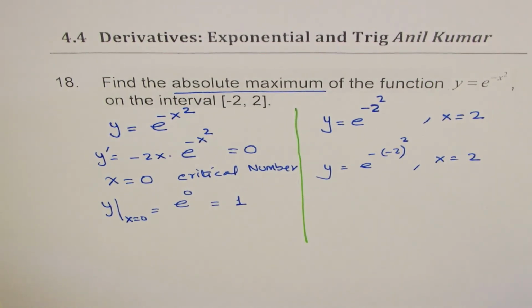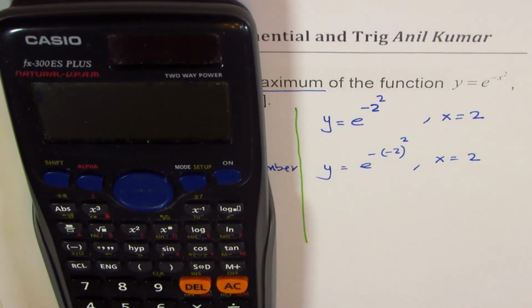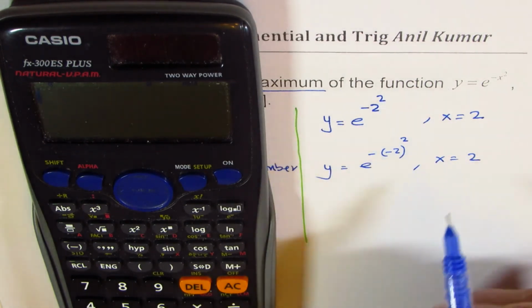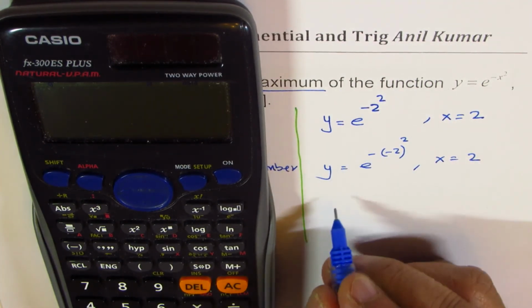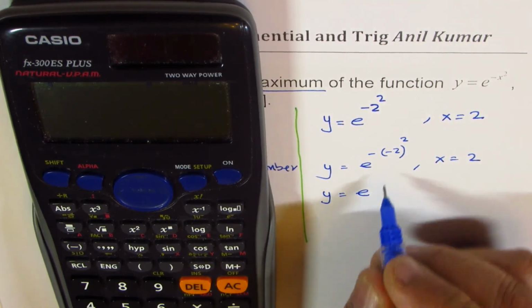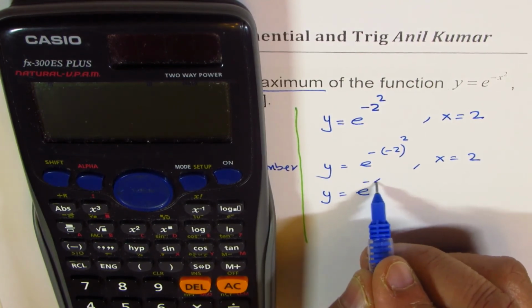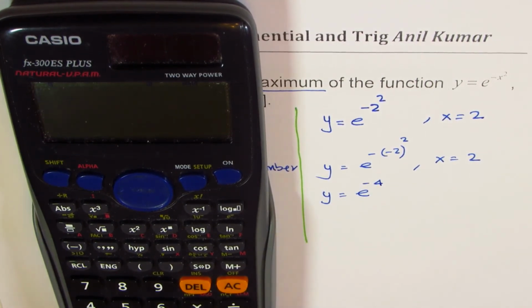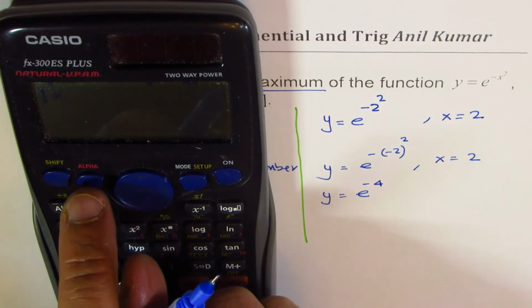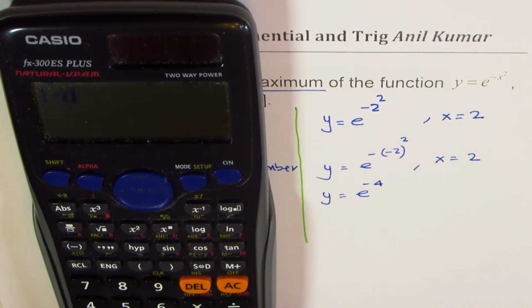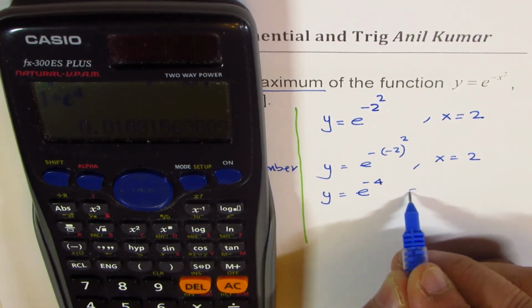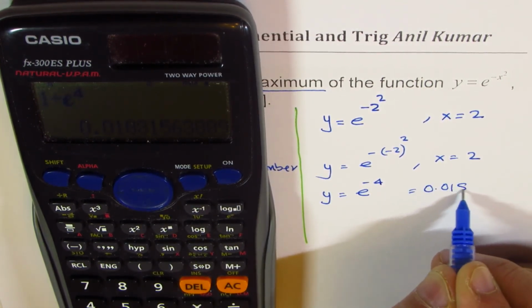Is it okay? So we'll just calculate this value. 2 square is 4 basically. So we are looking for y equals to e to the power of minus 4. Right? So we say 1 divided by e to the power of 4, which is equal to 0.018.